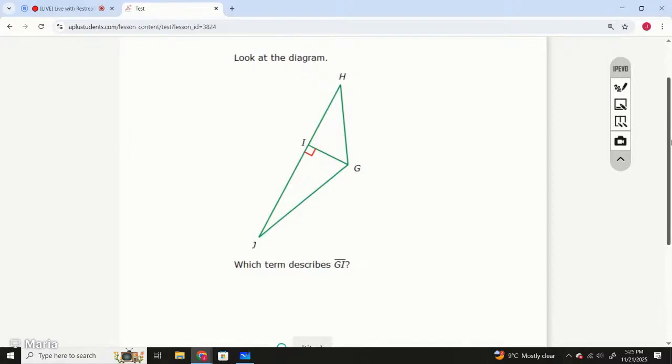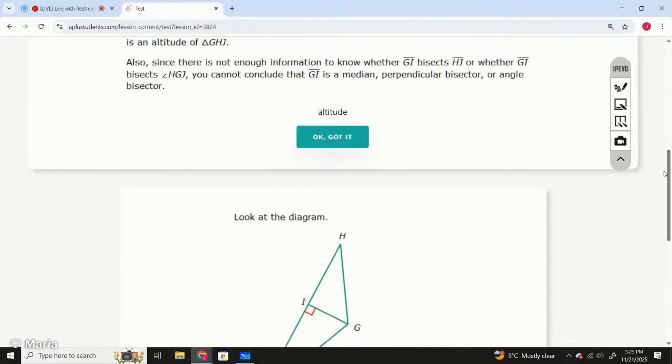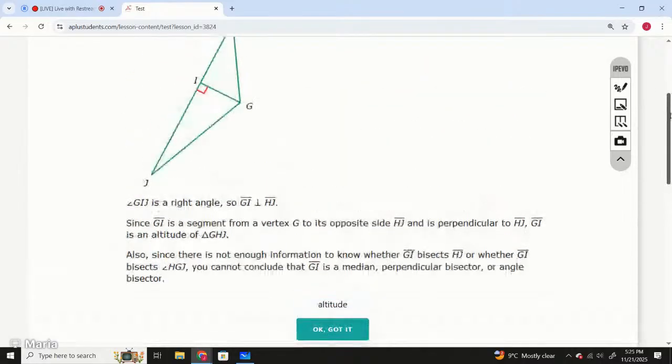Look at the diagram. What is the term GI? So GI is perpendicular to HA. So that is the perpendicular bisector. Altitude. GHI is a right triangle, right?